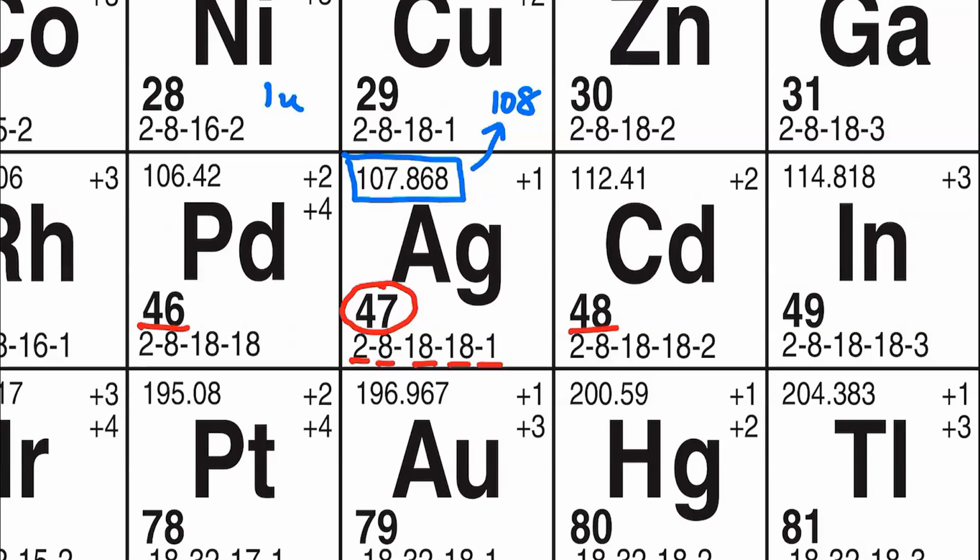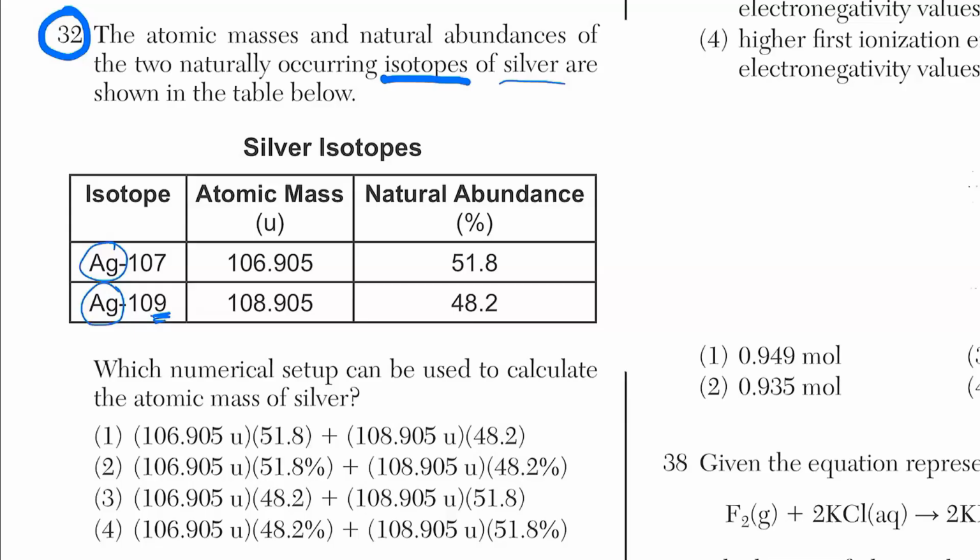So it's 107.868. What they're doing in this question is trying to get to this number, even though it may not come out exactly. So let's get back to the question, to actually do this averaging of the isotopes to come up with some number like this. So we have 2 isotopes, 107 and 109.